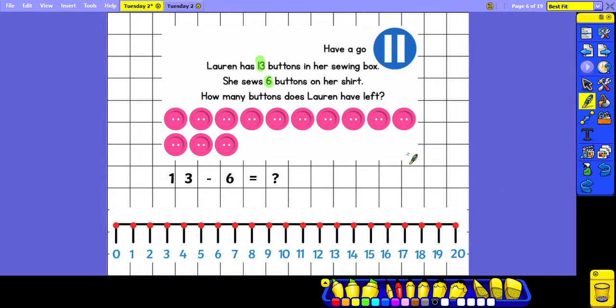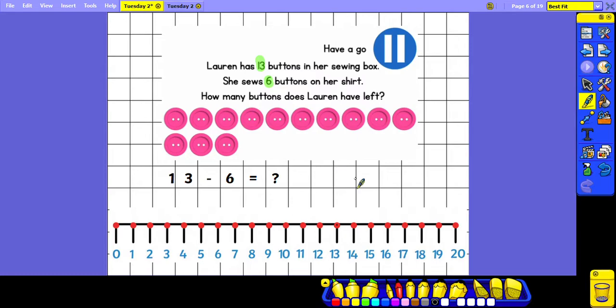Okay, and we're going to go through the answer. So we're starting on the biggest number on the number line, which is 13. And I'm going to use the second method, the new method of subtracting. So we're taking 6 away.